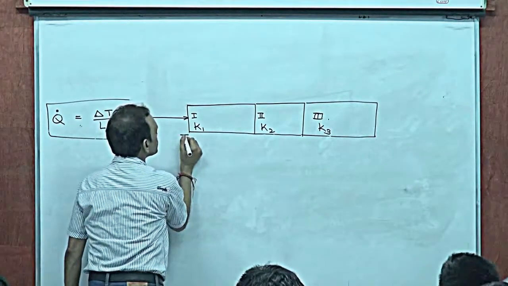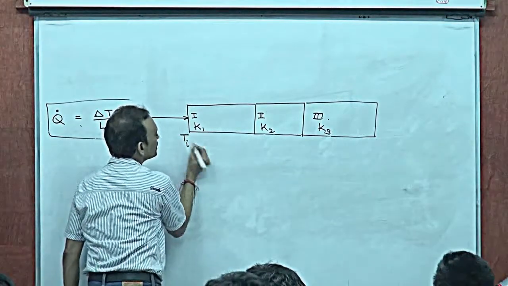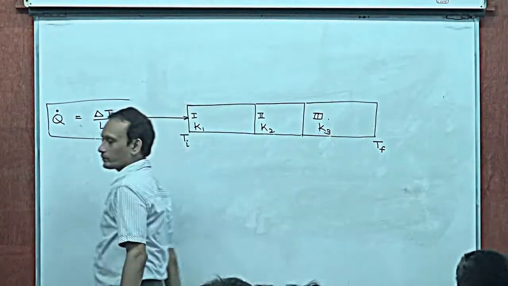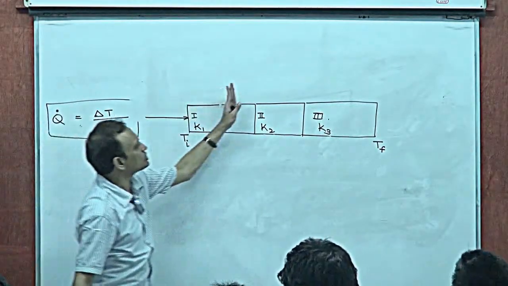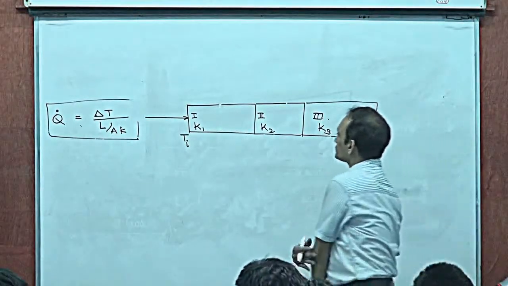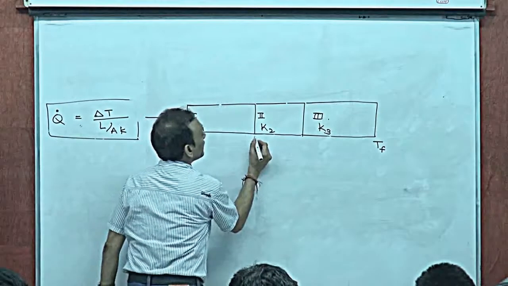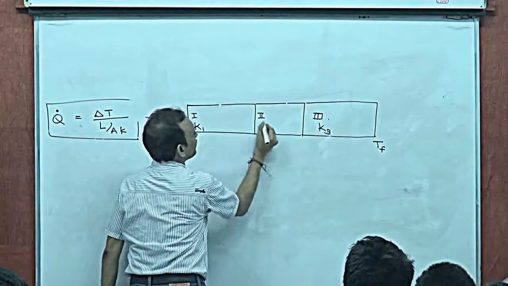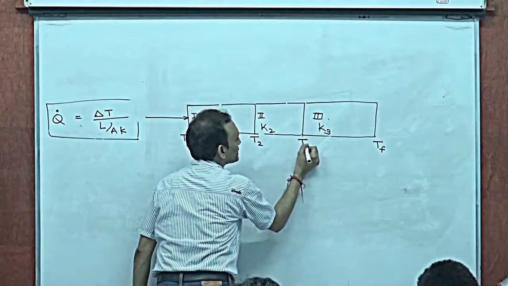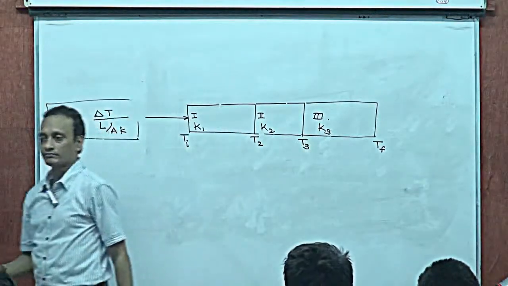Say this was T initial and this was T final. Let's say the area of cross section of each of these slabs was the same. This is the interface between 1 and 2, with temperature T2, and this is the interface between 2 and 3, with temperature T3.